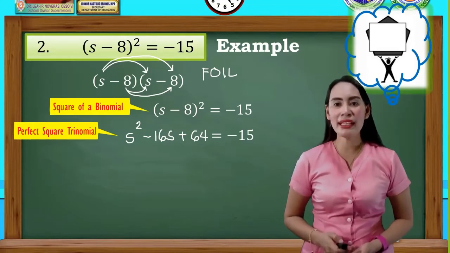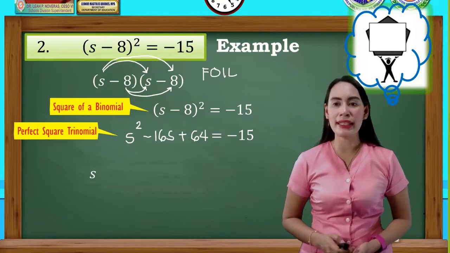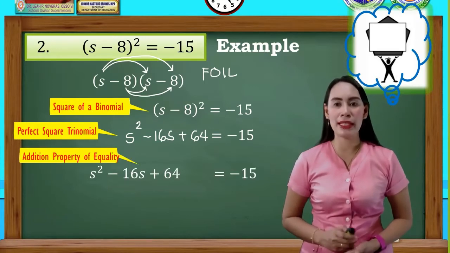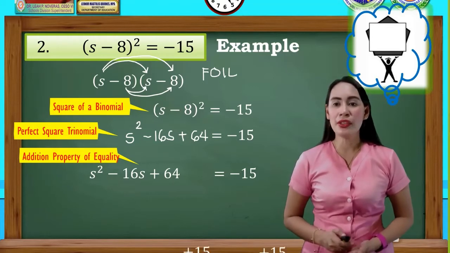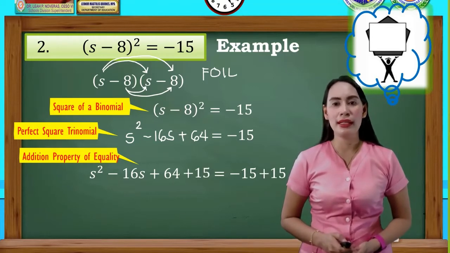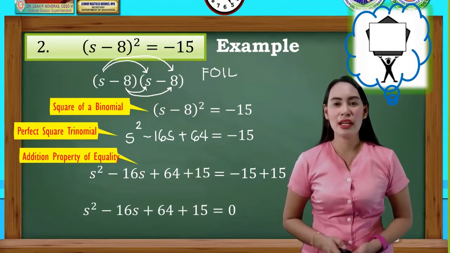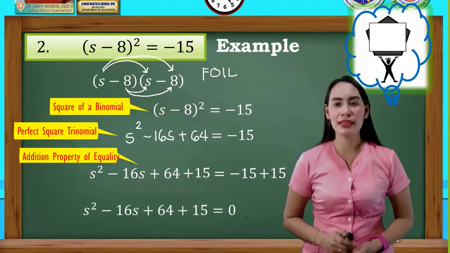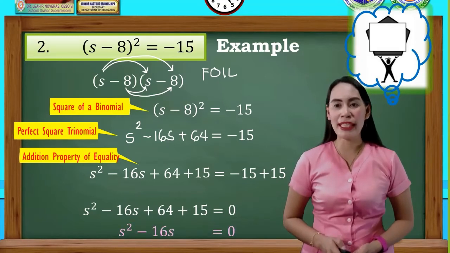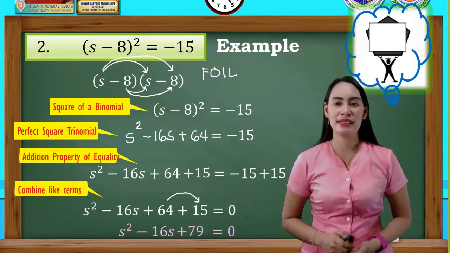Next, by applying the addition property of equality, adding 15 to both sides of the equation, we can make the right side of the equation equal to 0. Next, combine like terms. 64 plus 15 equals 79.